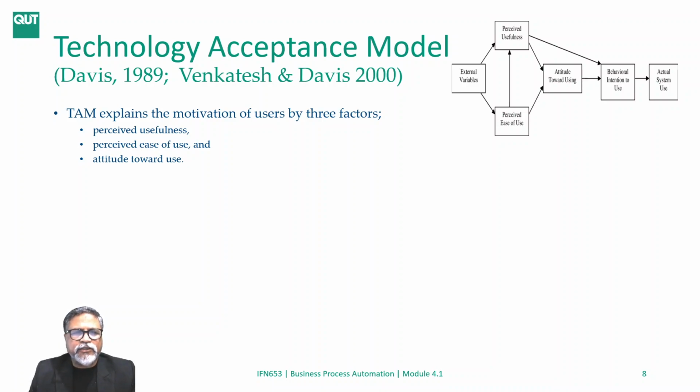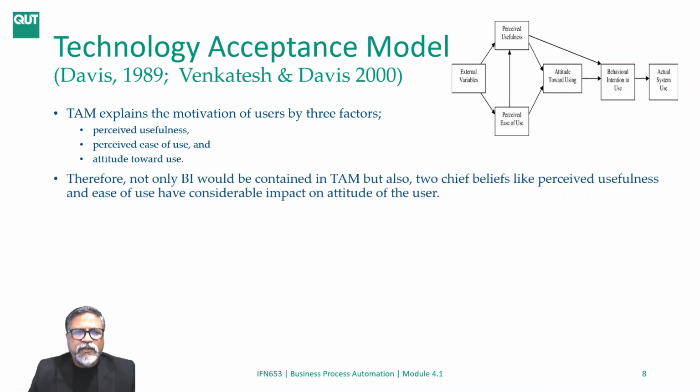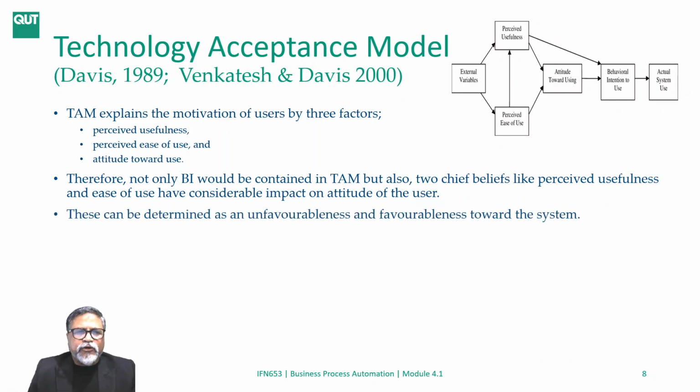If I start using a technology, what will be my focus, right? So not only behavioral intention is contained in the technology acceptance model, but also two chief beliefs, perceived usefulness and ease of use, have considerable impact on the attitude of behavior, right? So these elements can be determined as unfavorableness and favorableness towards the system, right?